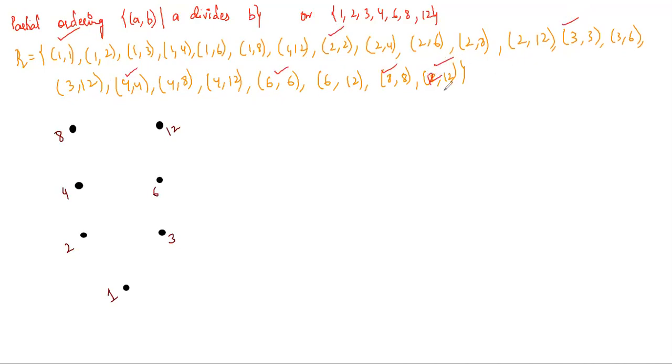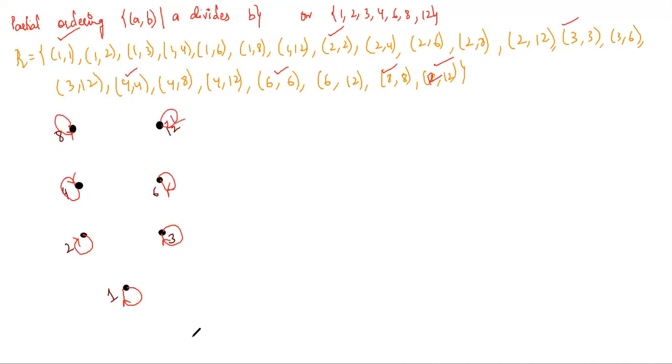So we have all the ordered pairs where A, A belongs to R. So let's create the loops. So the loops will be in this way: 1, 1, 2, 2, 3, 3, 4, 4, 6, 6, for 8, and then finally for 12.